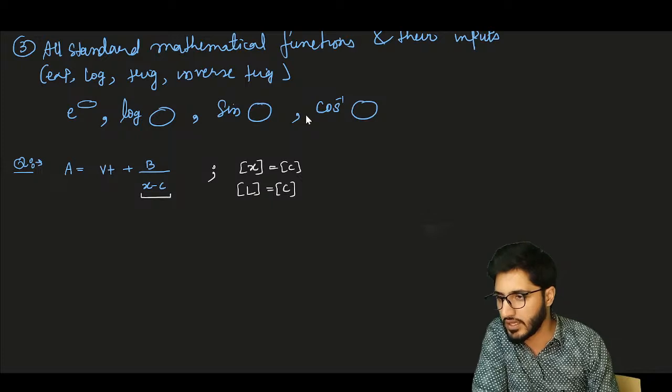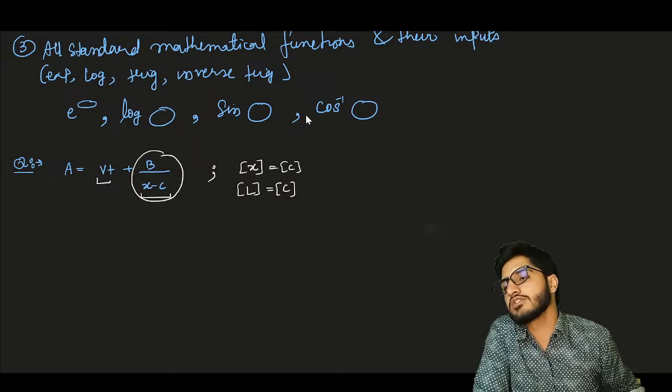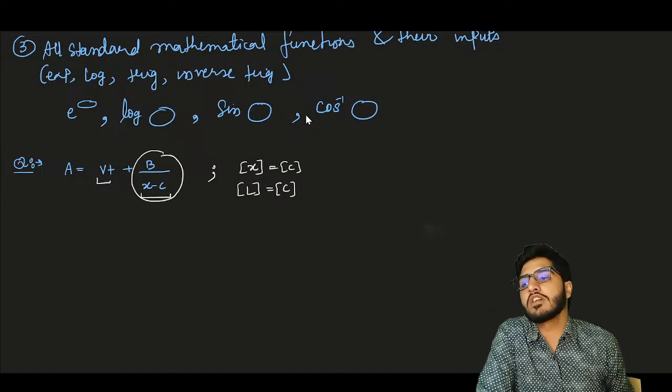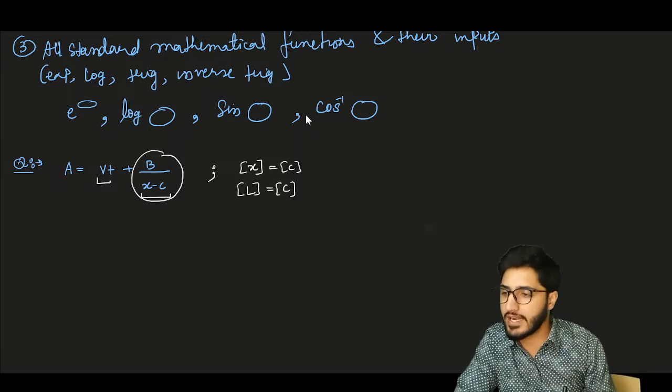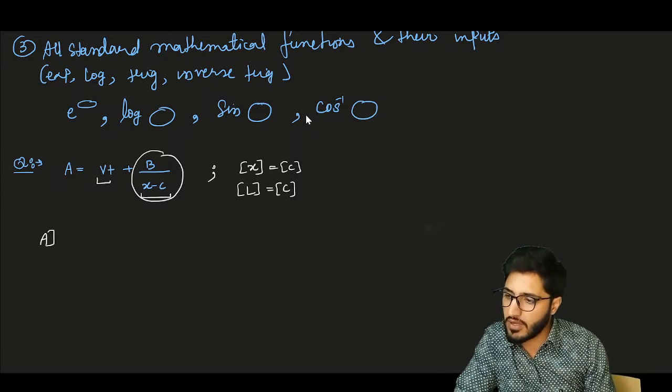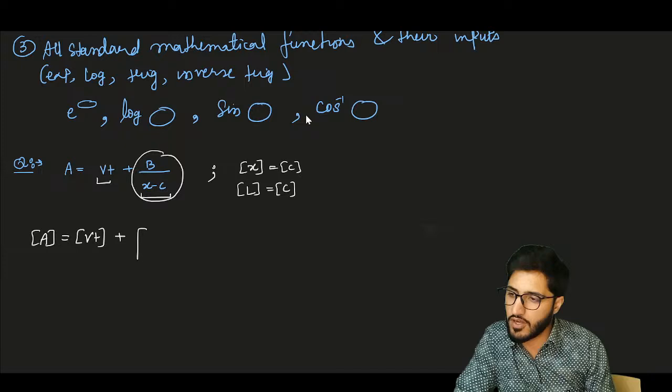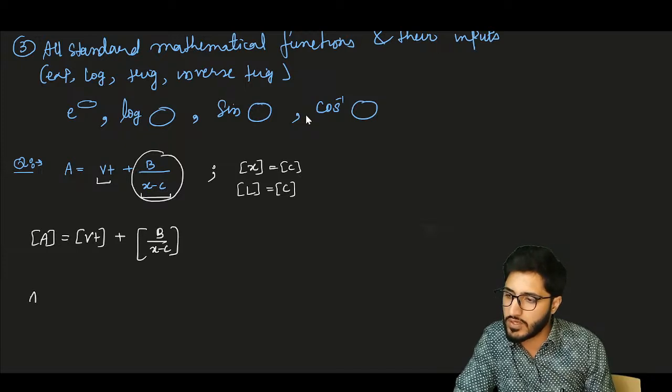Clear? Now if we are adding Vt with this term, the dimensional formula of Vt should be equal to the dimensional formula of B divided by X minus C. So the dimensional formula of A should be equal to the dimensional formula of Vt, and it should be equal to the dimensional formula of B divided by X minus C. What is V?